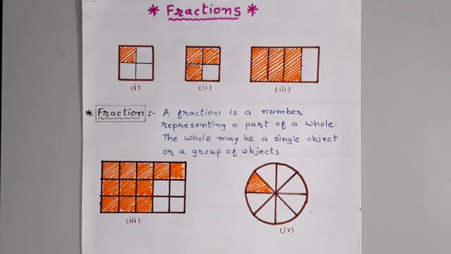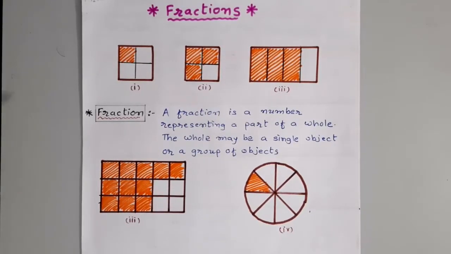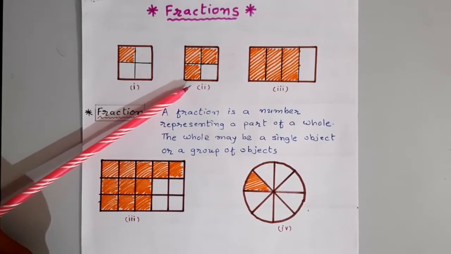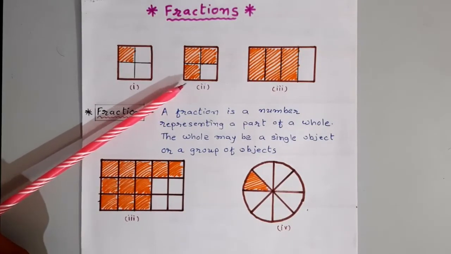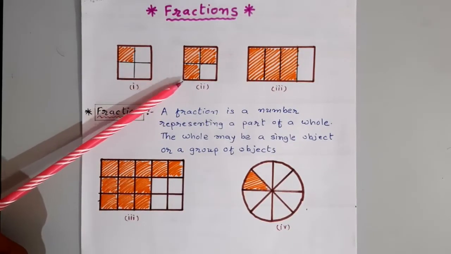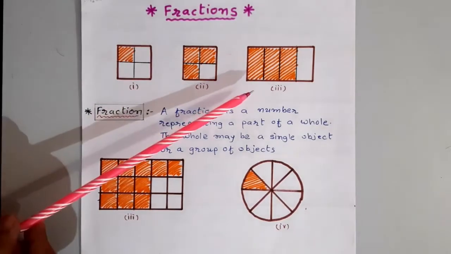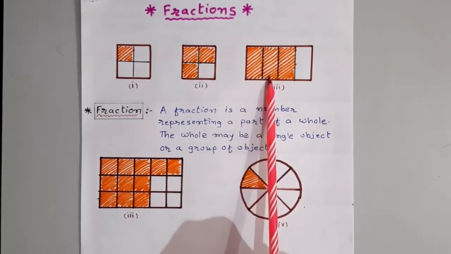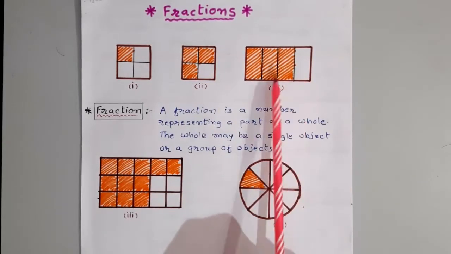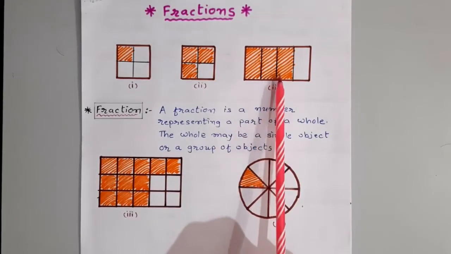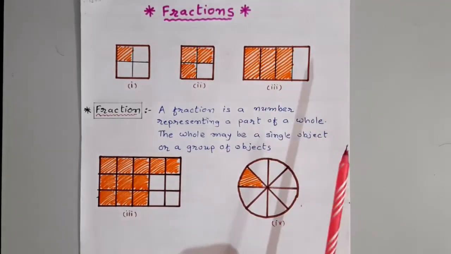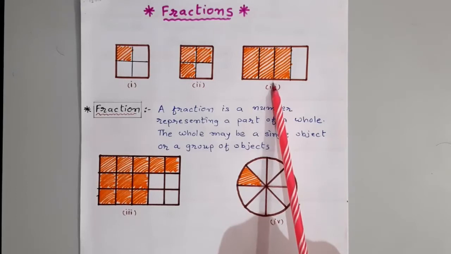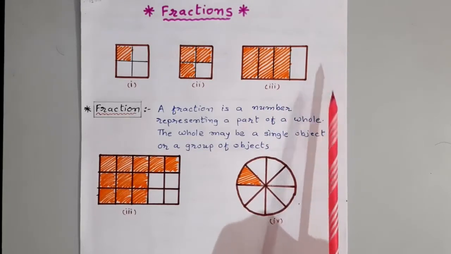If 3 parts are shaded as shown in the figure like this, then this shaded part represents 3/4. Now see carefully this diagram. 4 equal parts in which 3 parts are shaded. So you can say easily the shaded part represents 3/4.